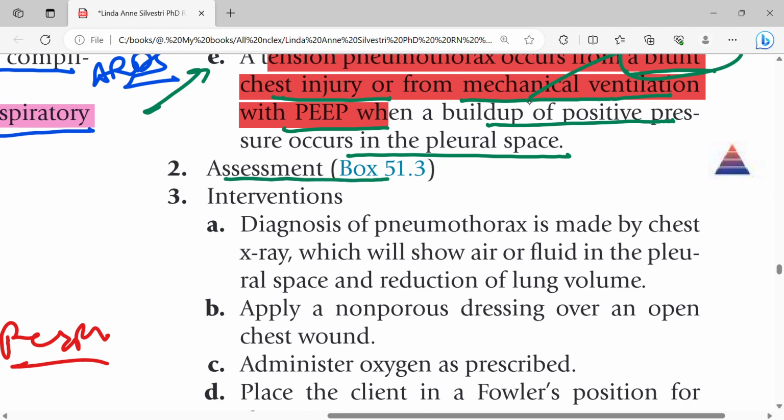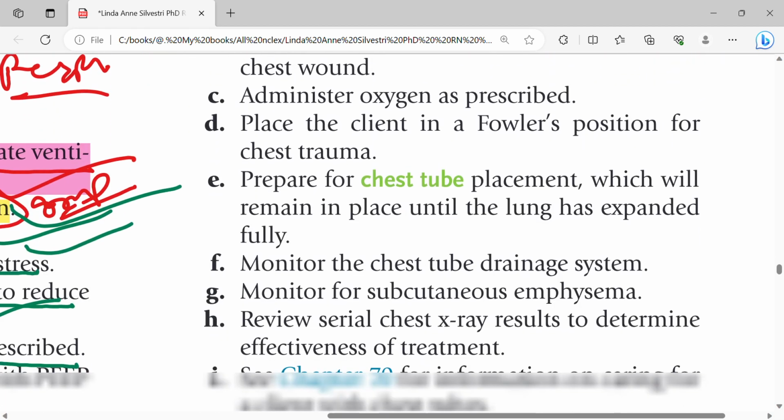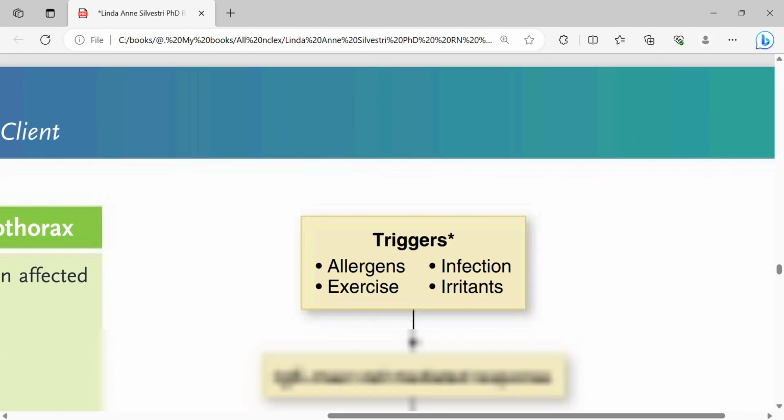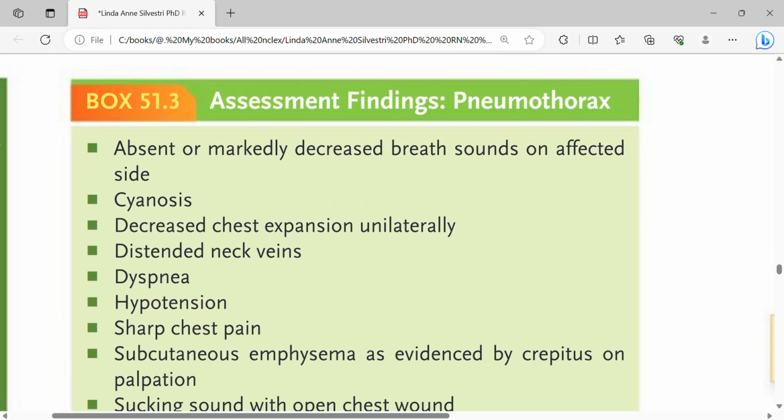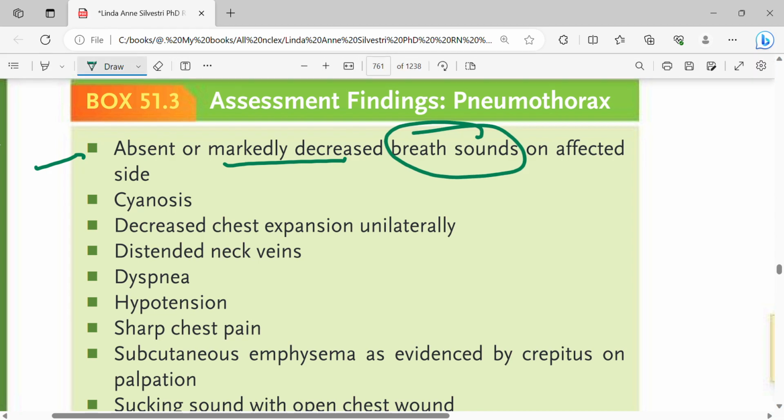Now, assessment of pneumothorax. How will we assess? First, we will see absent or markedly decreased breath sounds, whether breath sounds have decreased or increased.